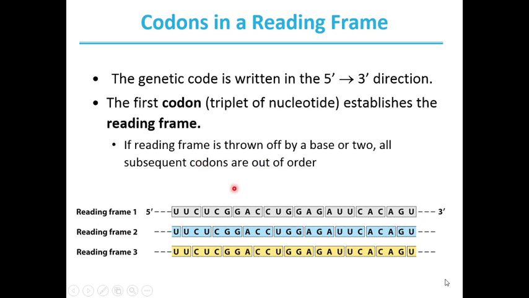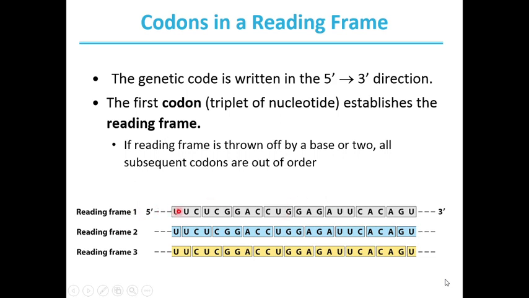If the reading frame is thrown off by a base or 2, all subsequent codons are out of order. For example, if the first 3 nucleotides do not form a codon, and the second, third, and fourth form a codon like this in reading frame 2, then every amino acid that was originally coded by these codons would change.